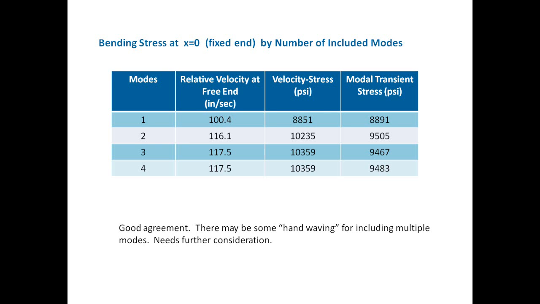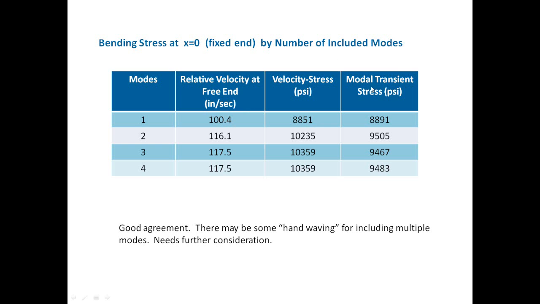Because just to do the normal modes analysis, for example with finite element modeling, which we are all going to do later on. Today we're doing a continuous model, but for a finite element model, just to get the relative velocity at the free end can be done with a coarse mesh.